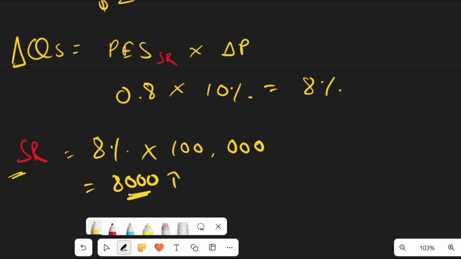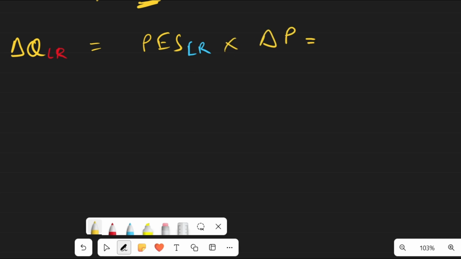Now we'll calculate for our long run. We'll apply the same formula for change in quantity, but this time in our long run. It is equal to the PES of our long run multiplied by our change in price.